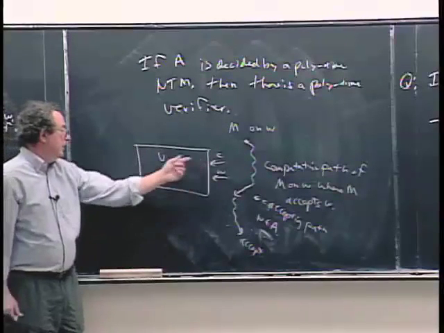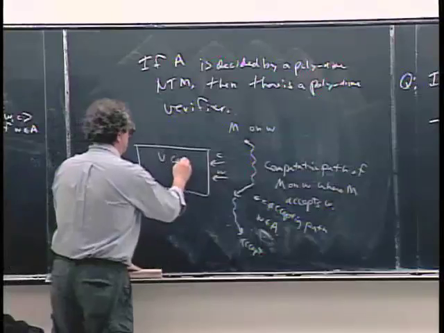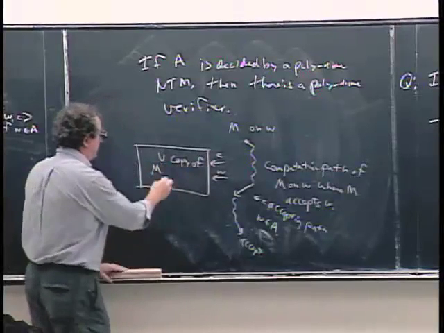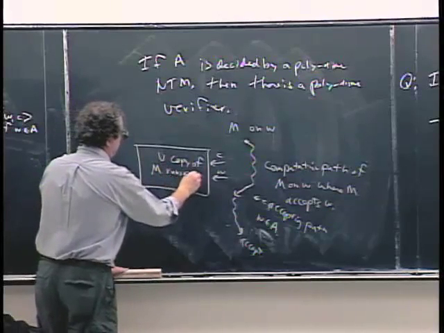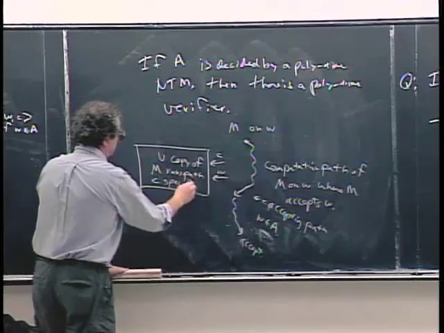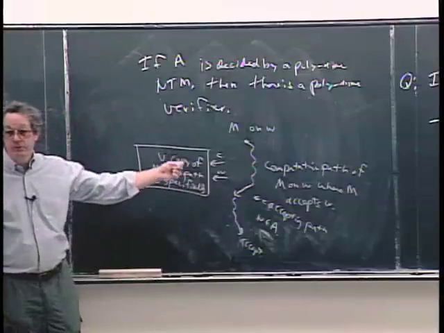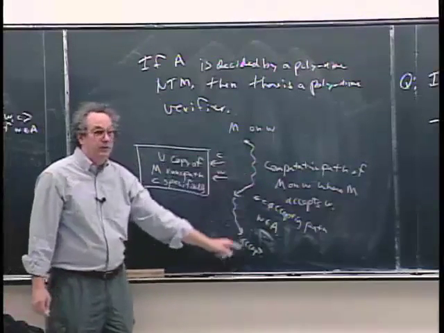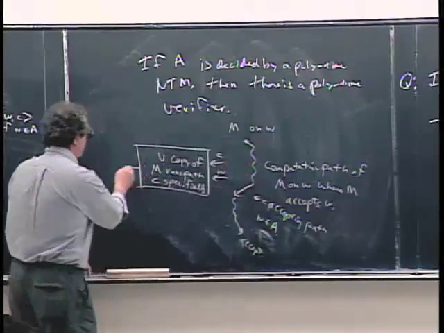And then the verifier is really just a copy of M. But it just runs path C specifically. It doesn't have to do anything non-deterministically because it's already been told what the accepting path of this non-deterministic Turing machine is.